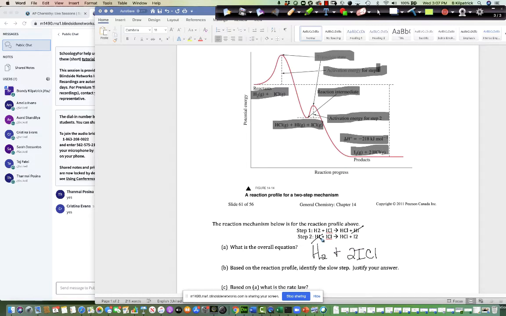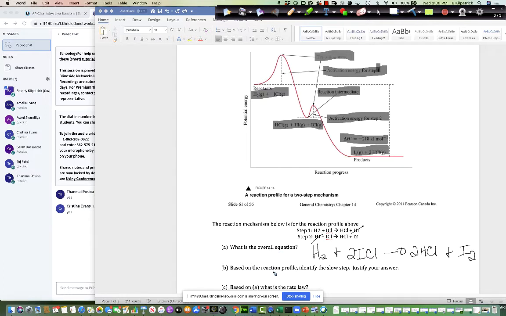A catalyst is something that's included as a reactant and then is spit back out as a product. An intermediate is something that's produced in one step and then used in another step. Now we have HCl. Again, there are 2 of those, and they're on the same side, so it's just additive. And I2 does not cancel. So this is the overall equation. All you're doing is putting those together.